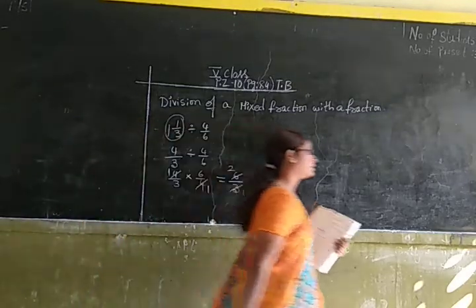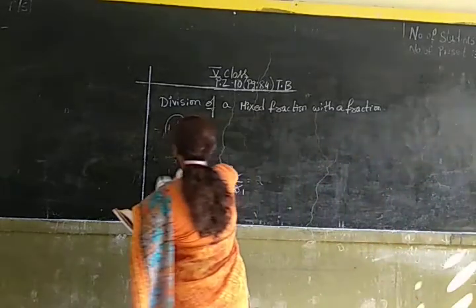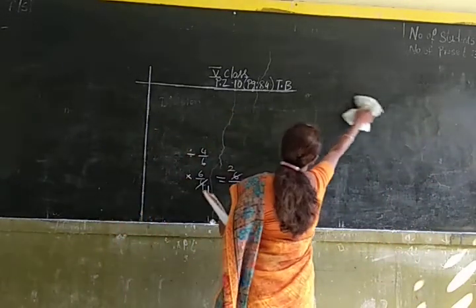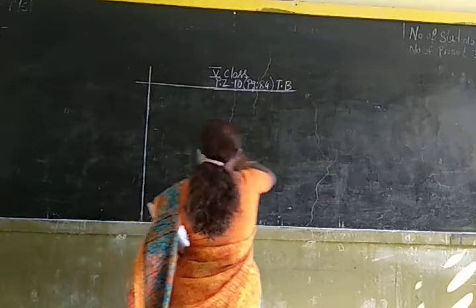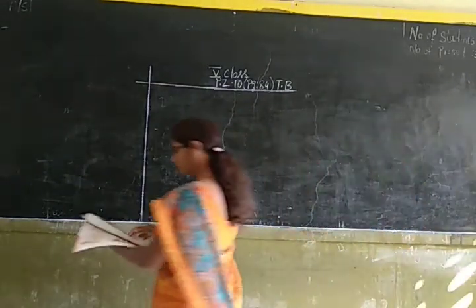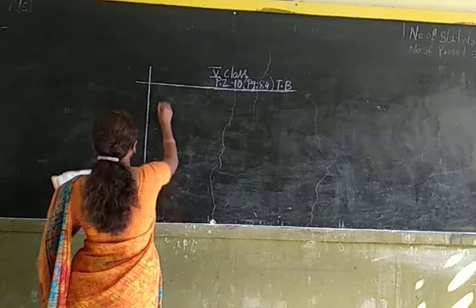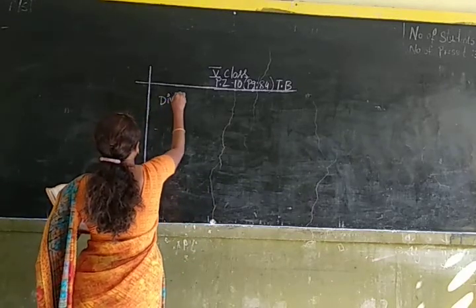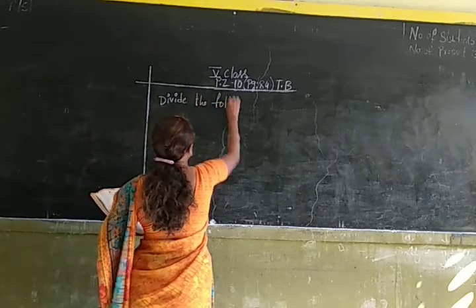Okay children. Now let us do practice zone 10 in the textbook. Divide the following.